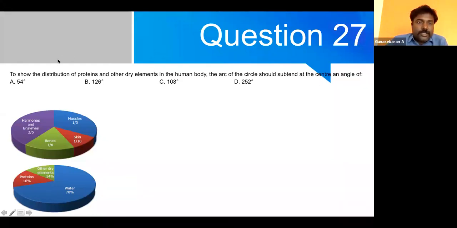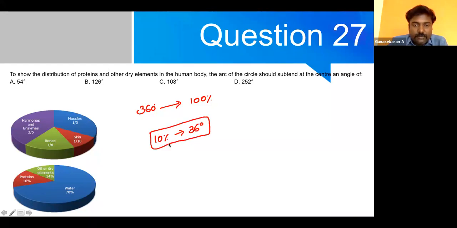One more point is, angle wise it is 360 degrees. Understand? Percentage wise it is 100%. So always keep that in mind. 100% is 360 degrees, 10% is equivalent to 36 degrees. To show the distribution of proteins and other dry elements in the human body.